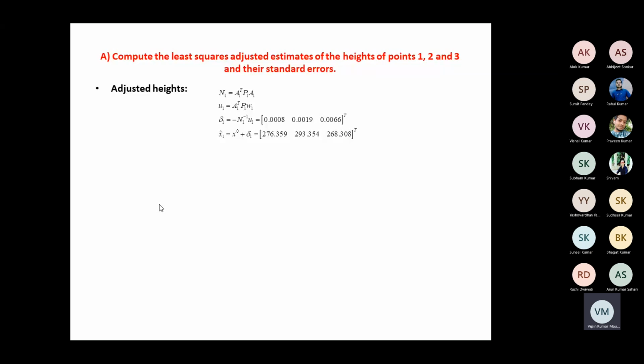If I am using ATPL directly with the observations, I will get the adjusted heights. If I am using the approximate residual W1 here, then I will get the residuals which I have to add to the actual observations. So for this case, U1 is ATPW1, and you are very sure what W1 was.